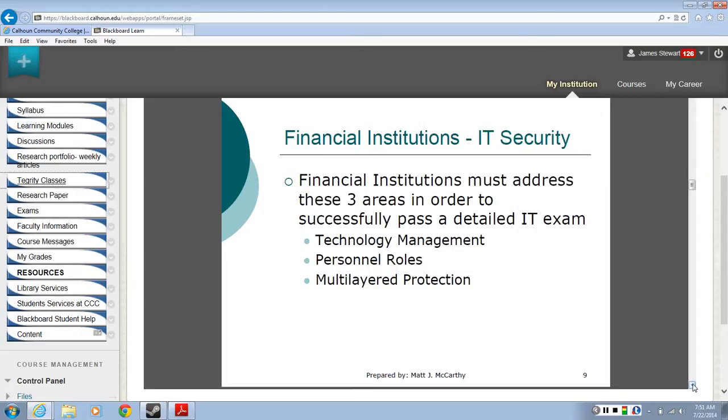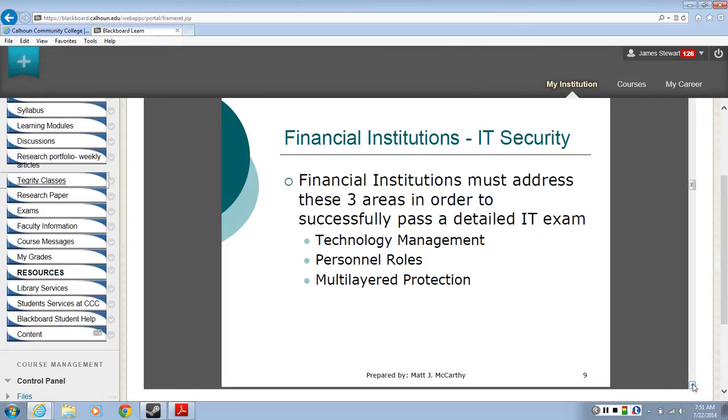And we also see that because banking has gone online, we now are hearing all of these cases where some bank, I think Citibank, had a problem with their internet security not too long ago.